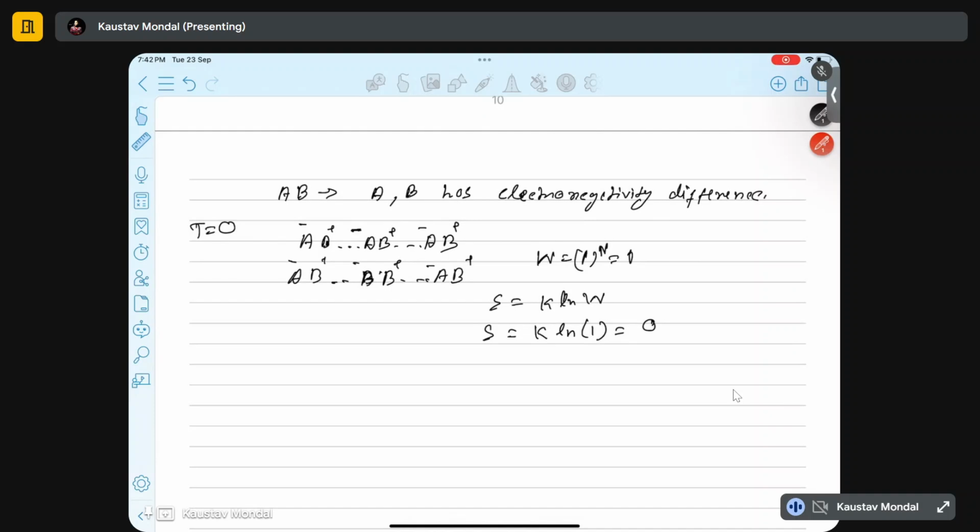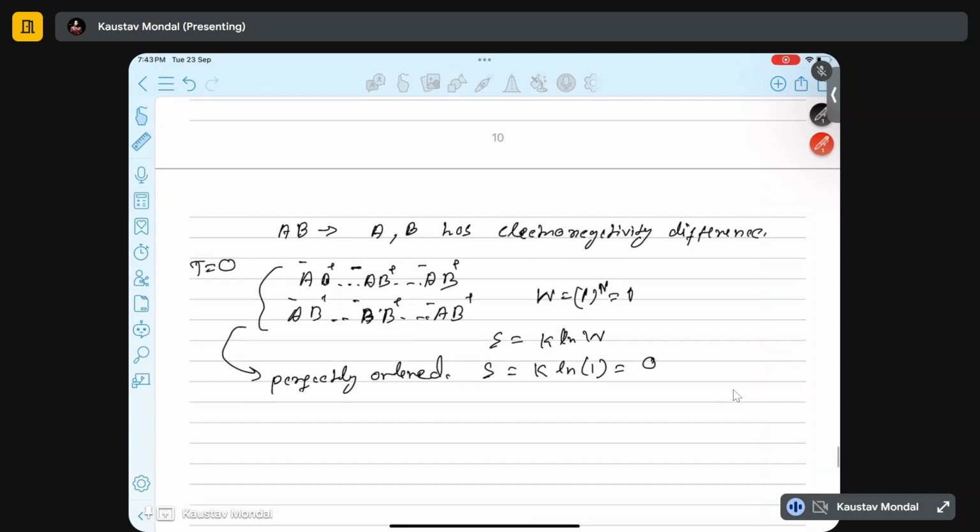So here you can see, if the system is perfectly ordered at temperature equal to 0, the residual entropy is equal to 0.